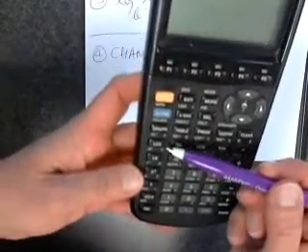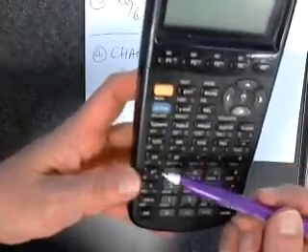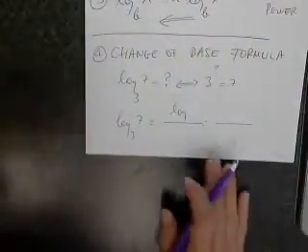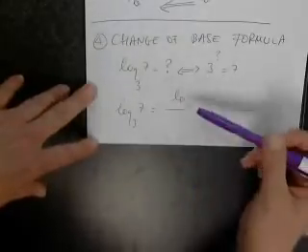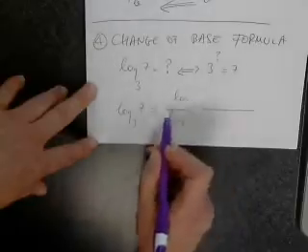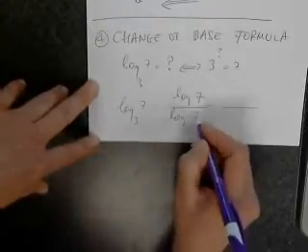So in this calculator, I only have log, which is base 10, common log, and I have ln, which is natural log, base e. So I'm going to use either one, and you can write both, as long as the numerator and the denominator have the same log. So log at the top is from 7, and log in the denominator is from 3.